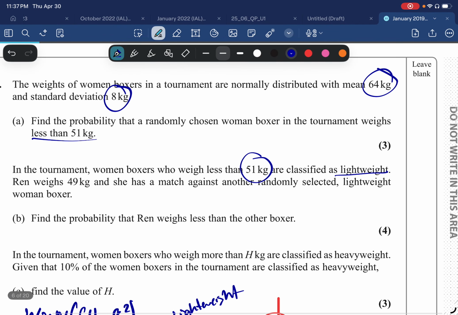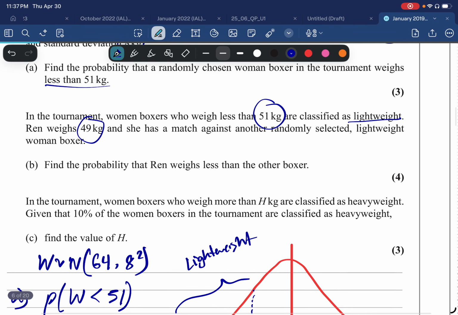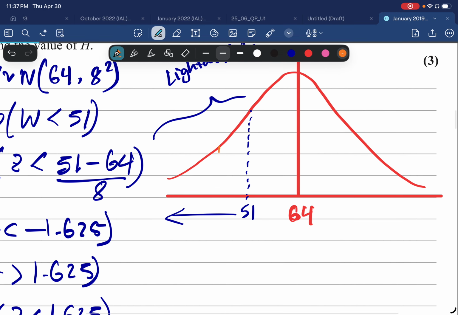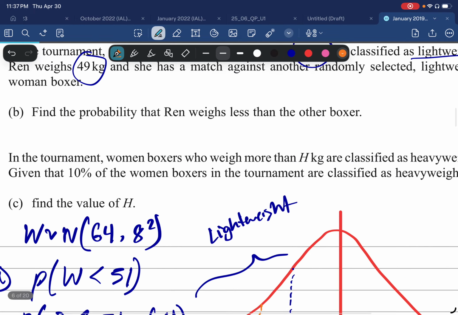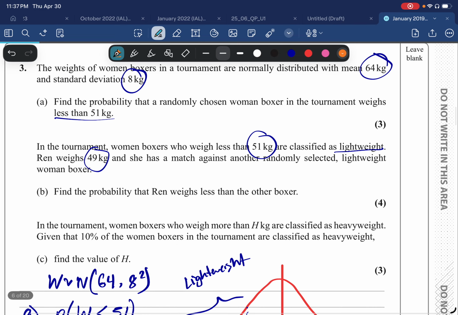Ren weighs 49 kilograms, and she has a match against another randomly selected lightweight woman boxer. So Ren here weighs less than even 51. Ren weighs 49. Now this is a given condition, I believe.